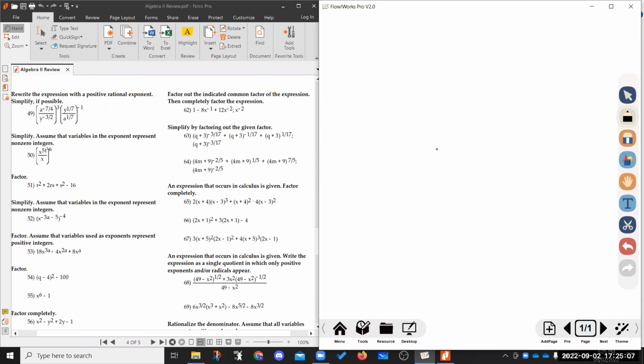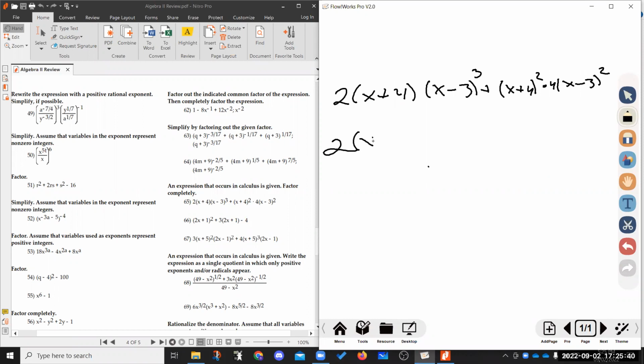An expression that occurs in calculus is given. Factor it completely. (2x+4)(x-3)^3 plus (x+4)^2 times 4 times (x-3) quantity squared. Okay, so we need to pull out the greatest common factor that we see, which is going to be (2x+4)(x-3)^2.